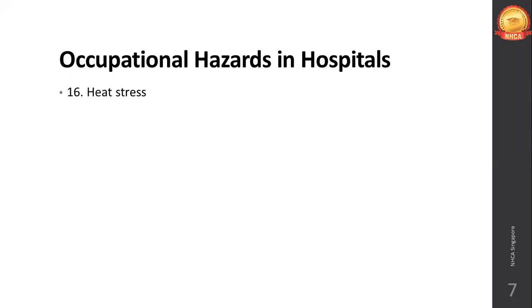Heat stress, as I mentioned, in the kitchen department, boiler rooms, laundry rooms. These are the areas where there is a high potential of staff suffering from heat stress. So make sure a refrigerator with a freezer is available, so ice packs are there, cold drinks, and a filter with cold water is provided for the staffs.